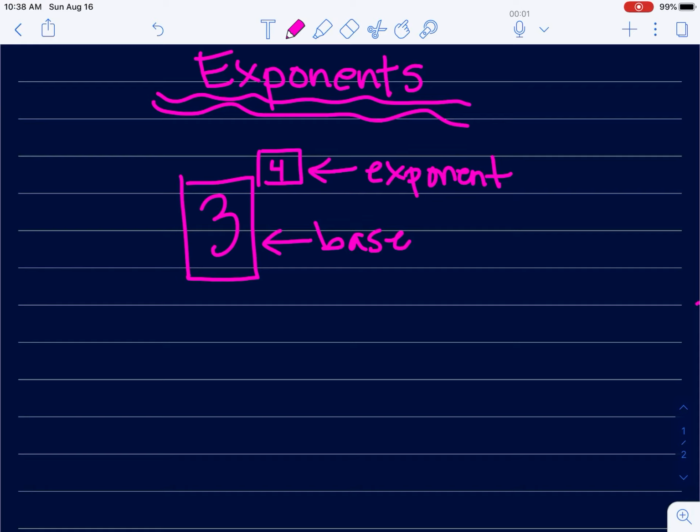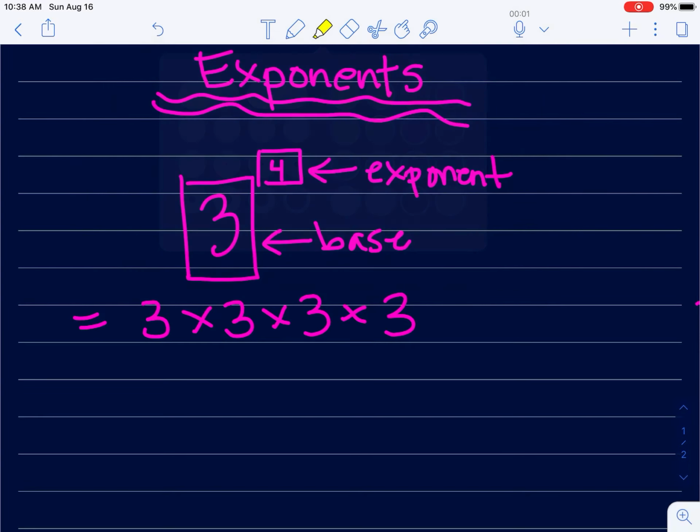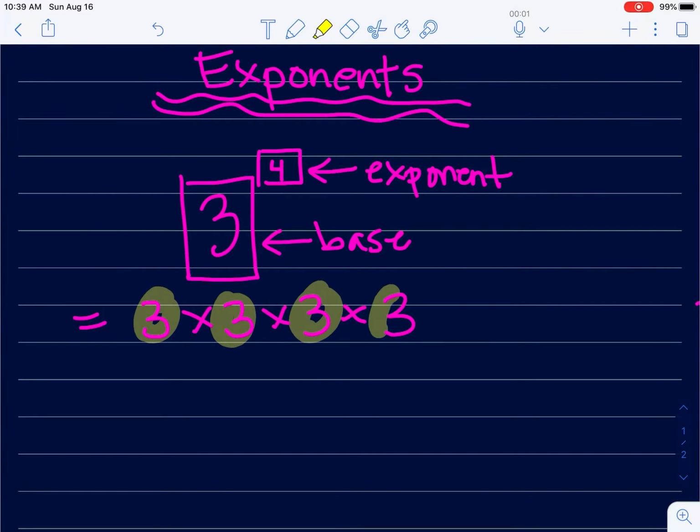What does it mean to have an exponent? Well, this means 3 times 3 times 3 times 3. So there are 1, 2, 3, 4 of them, which is what this number means. To solve this, we just simply do the multiplication.